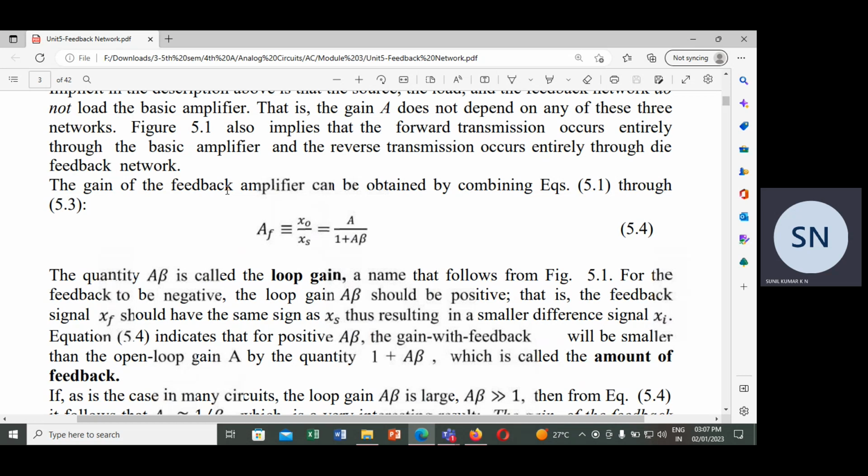So what is this? X0 is nothing but the output signal. So X0 is equal to A times of Xi. Xs is equal to, here the term Xs is there, Xi plus Xf. What is this Xf? Beta times of X0.